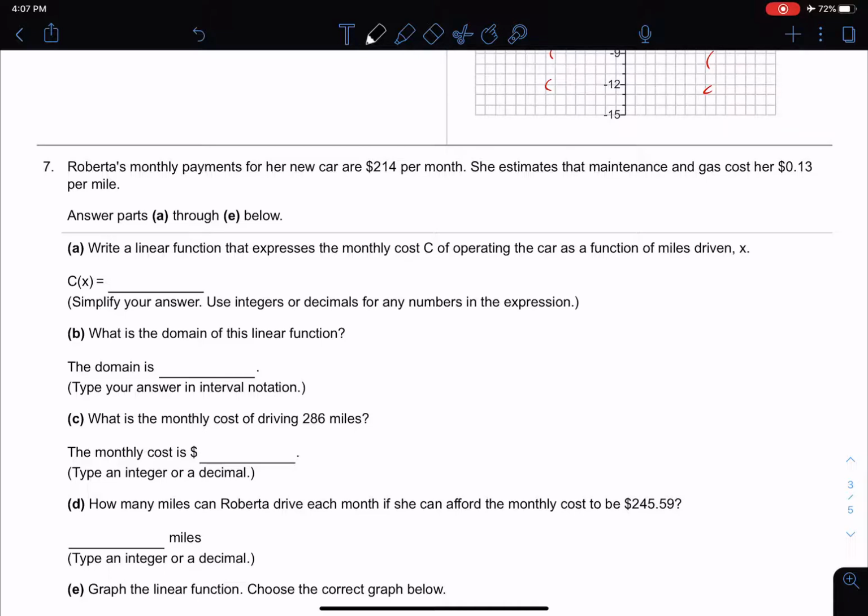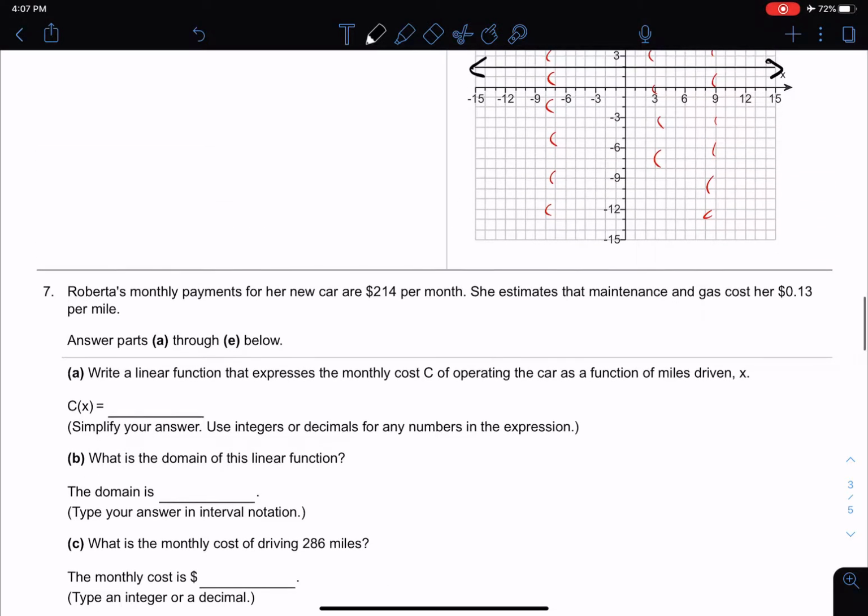So this is going to be a nice linear model, and something you probably want to remember is this idea: y equals mx plus b. And since we're talking about functions, we should replace y with f of x.